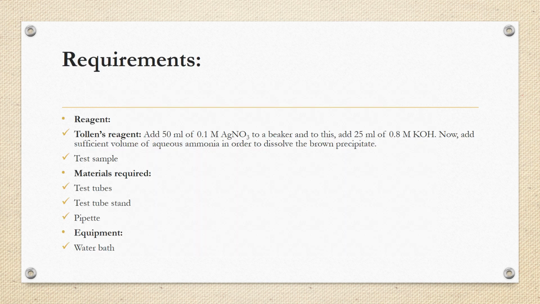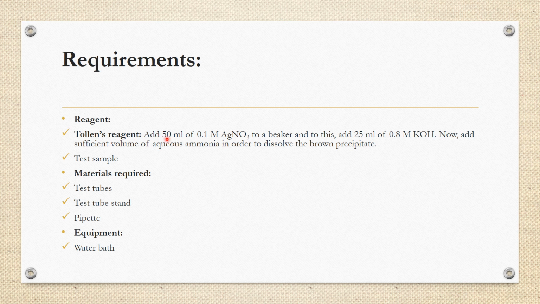So the requirements of this test: we will need to prepare the reagent, because Tollen's reagent needs to be freshly prepared. Prepare it by adding 50 ml of 0.1 mole silver nitrate to a beaker.